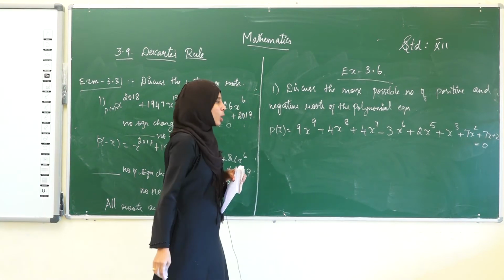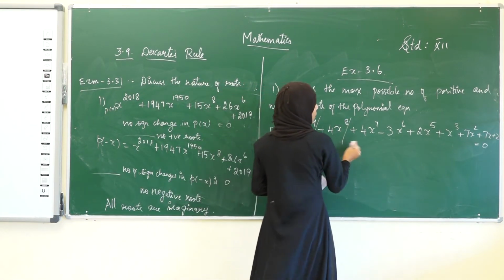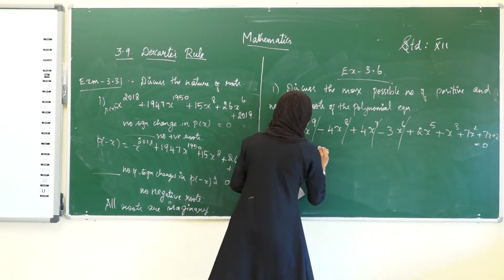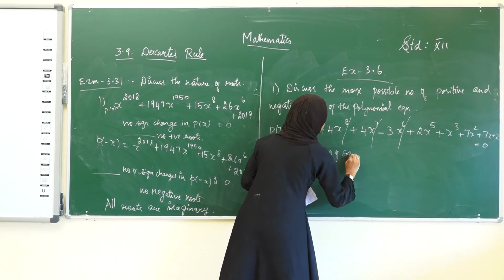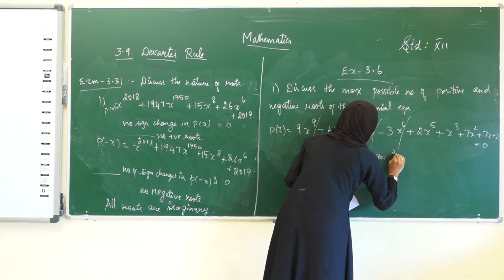Okay, p of x. What are the sign changes here? Here it is 1, 2, 3, 4. So there are totally 4 sign changes in p of x.